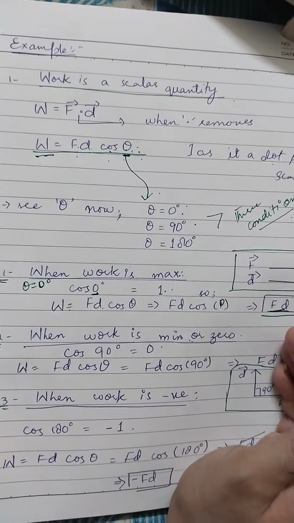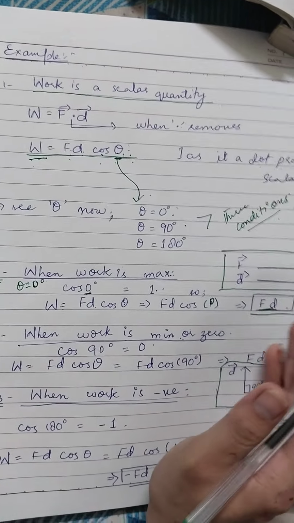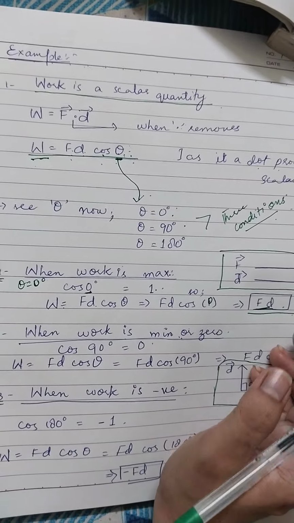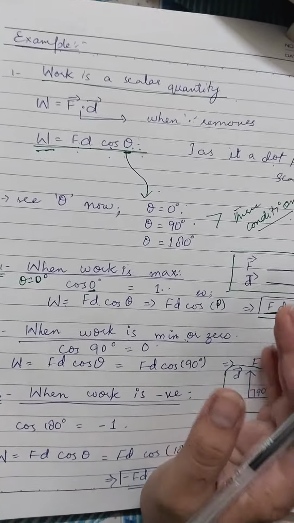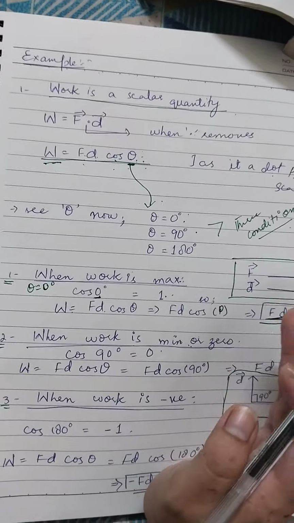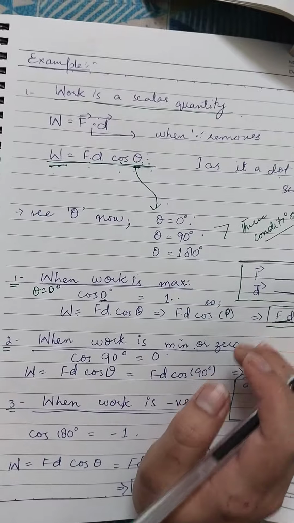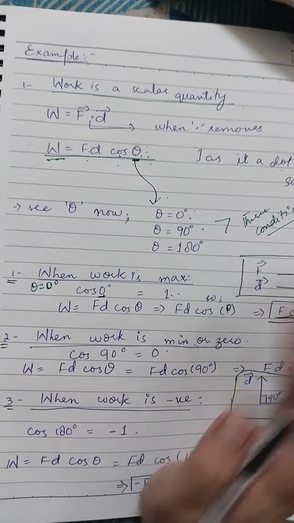Suppose there is an angle of 90 degrees between you and your table or chair, or you are simply applying force and your table or chair is not moving, that means the work done is 0. We will learn the example I have just given in detail in later lectures.